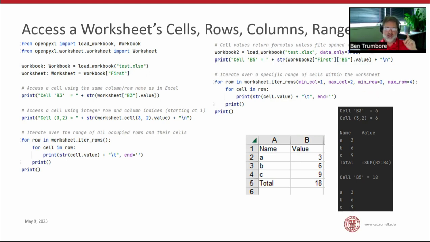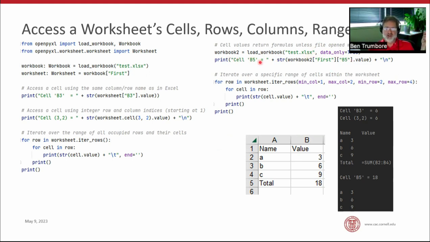If you would like to only work with data values, you can pass an additional parameter in to that load workbook method, and that's the data_only parameter. If you set that to true, it will return either the static value of the cells, or it won't evaluate the expression. It will return the cached value of the expression.